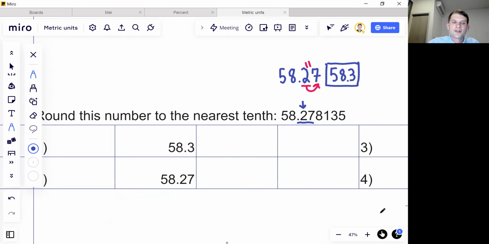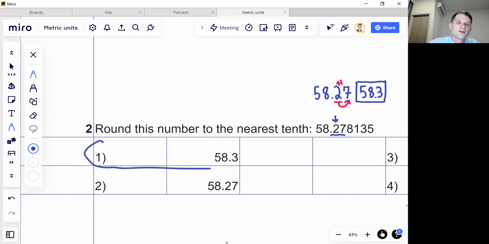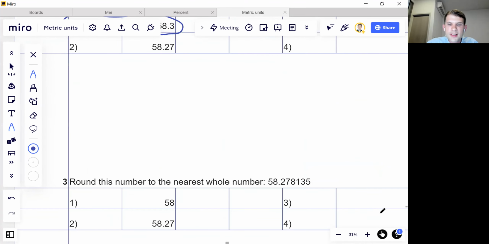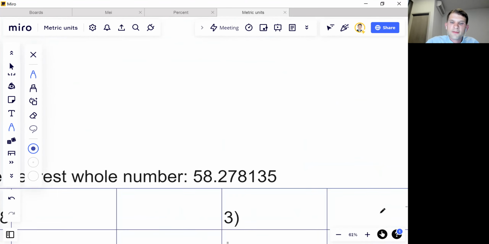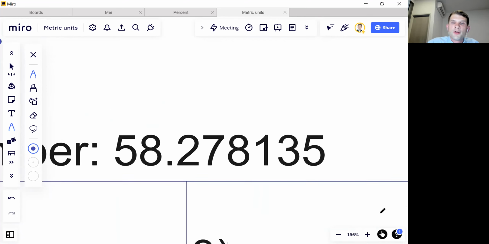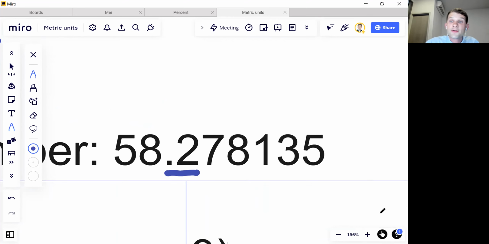So let me go ahead and circle number 1 here and move on to number 3, which says round this number to the nearest whole number. Now for this number, we need to think of the whole number as really our ones digit. Okay, so let's go ahead and look at just our number here, and we're only going to look at just the first decimal after the ones digit, or the tenths digit.